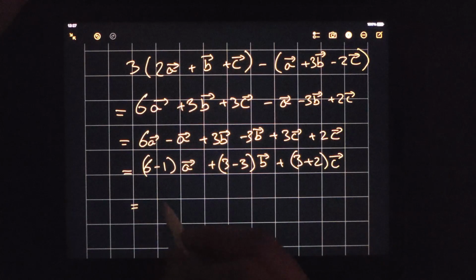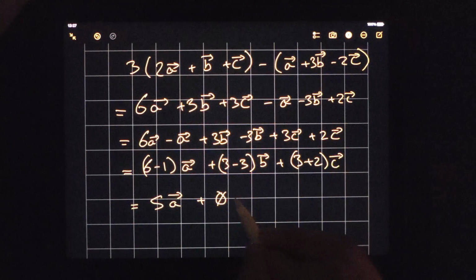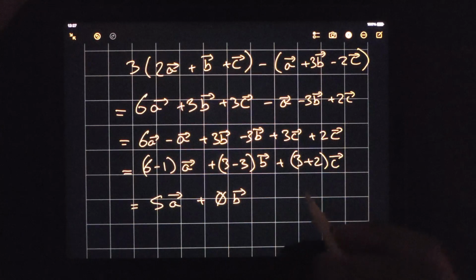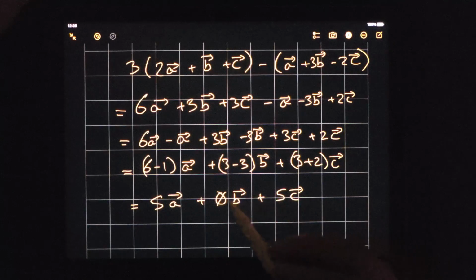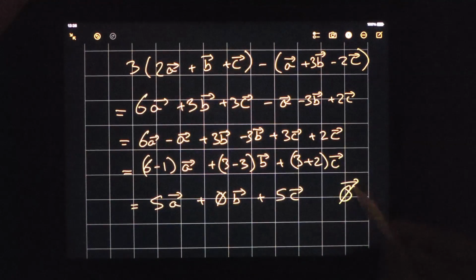So now we have 5a plus 0b plus 5c, and 0b is basically the same as this.